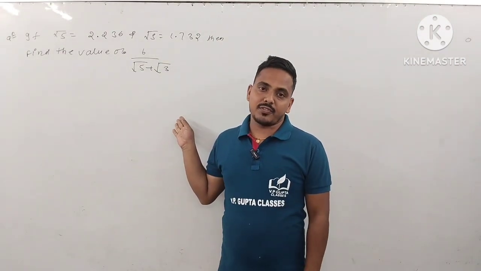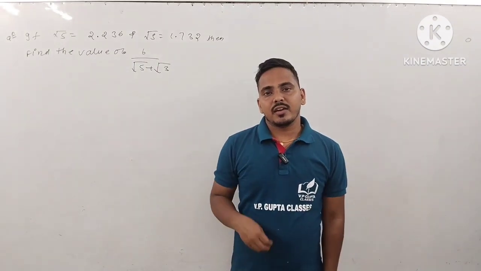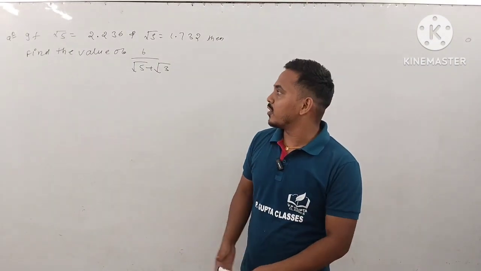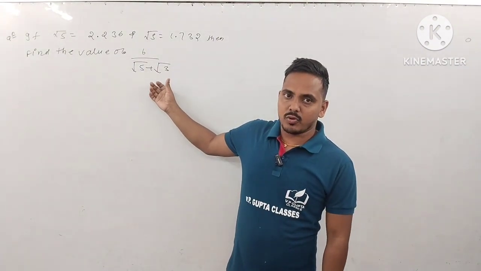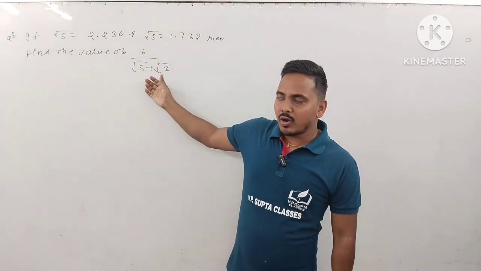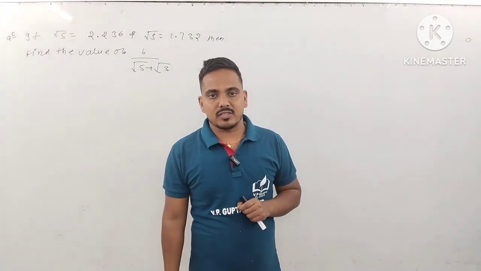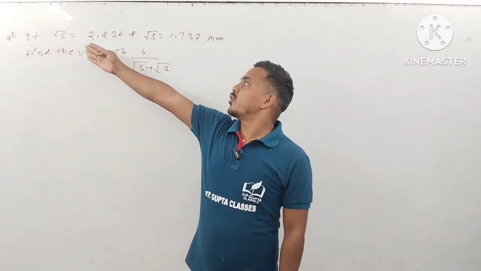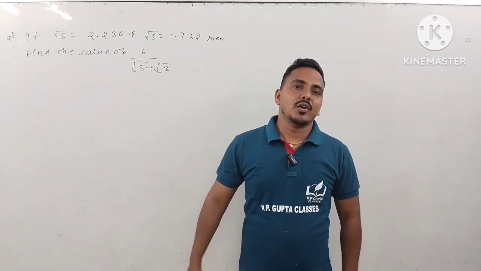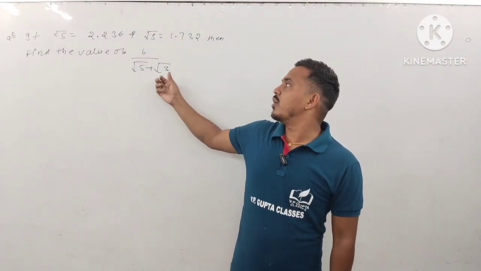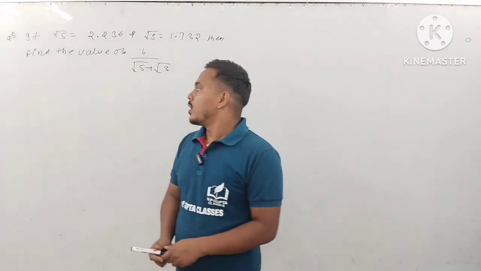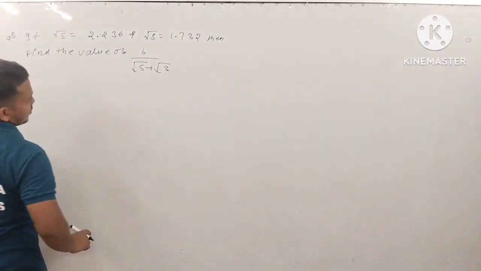Now I will solve this by the rationalization of the denominator. First of all, what is the exact value? Okay, what is the exact value after rationalization of denominators? Then we put the value of root 5 and root 3, and we can also calculate the value of this term. So I will solve these questions.